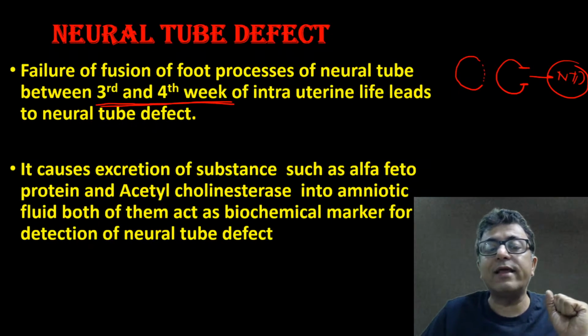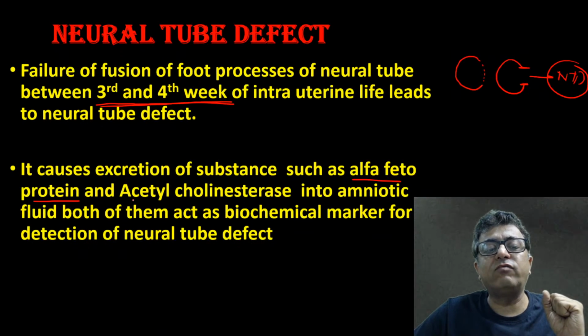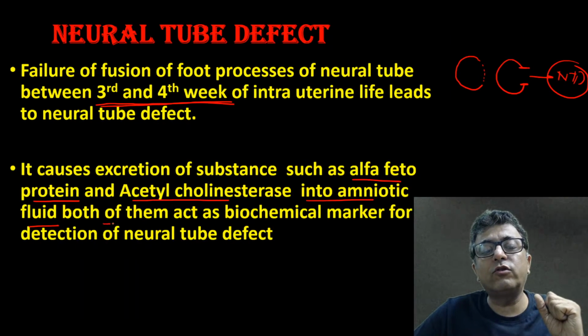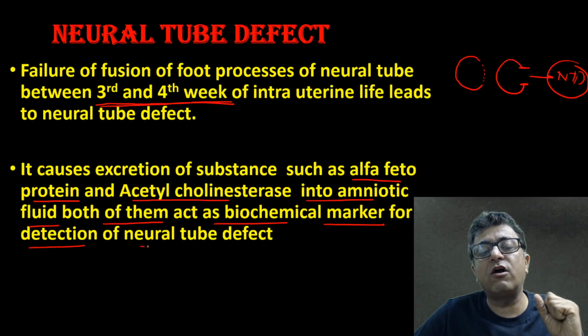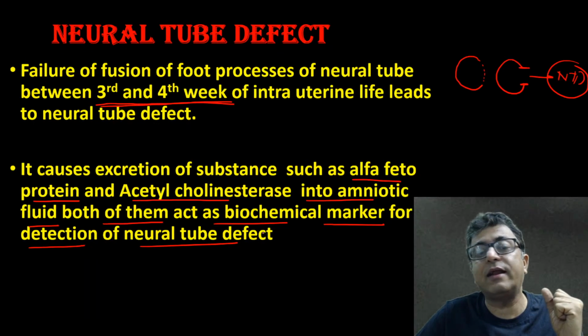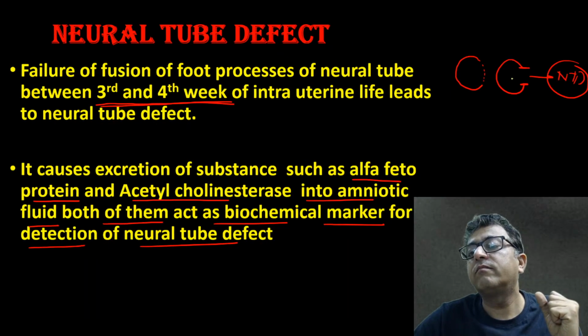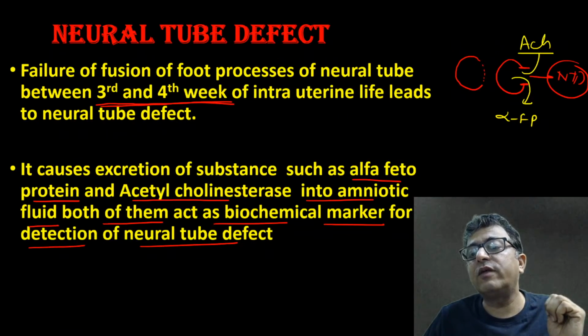So substances such as alpha fetoprotein and acetylcholinesterase spill into the amniotic fluid. Both of them act as biochemical markers for detection of neural tube defect.